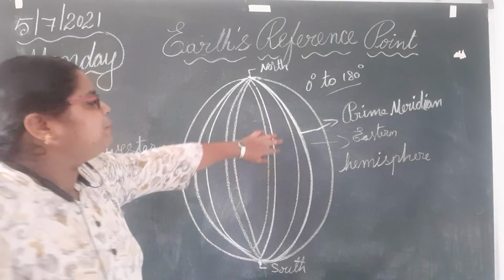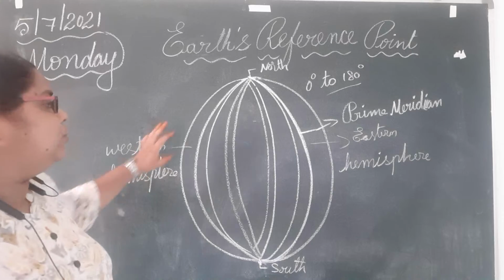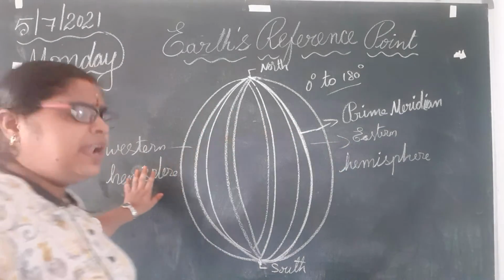This prime meridian divides the Earth into eastern hemisphere and western hemisphere.